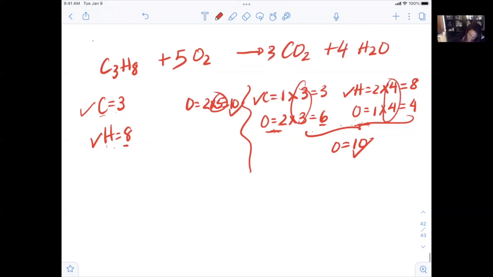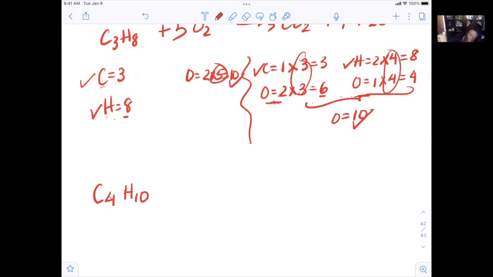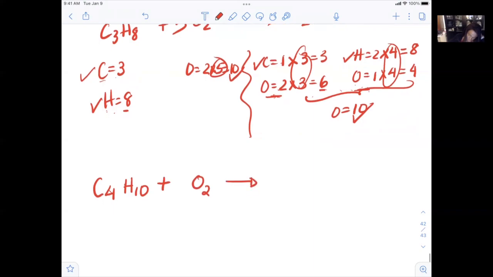Okay. Let me do one where the carbon is, let's say 4. This is going to be 10. Yeah. So it's CnH2n+2. That's the format, the template of that formula. Okay, CO2 again plus H2O.